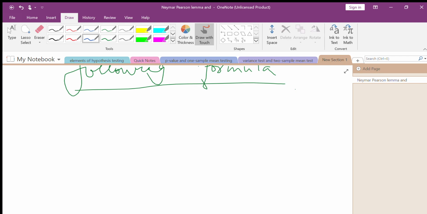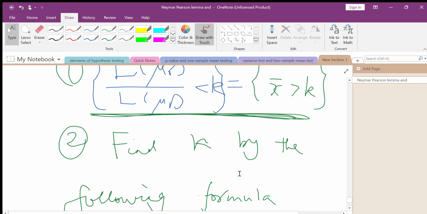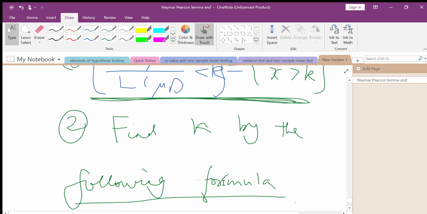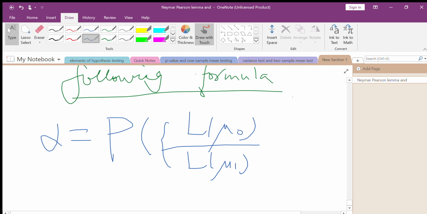That's right. We set alpha equal to this probability, the probability of the likelihood evaluated at mu0 divided by likelihood evaluated at mu1 smaller than k, given H null is true.